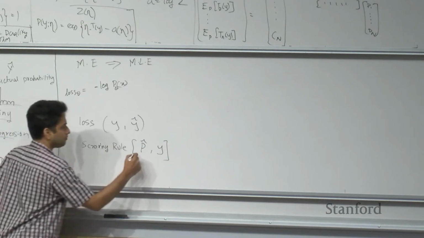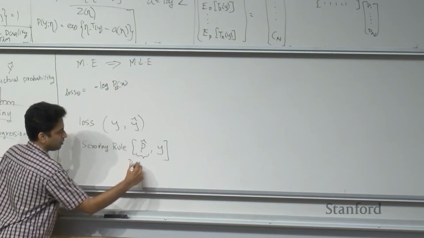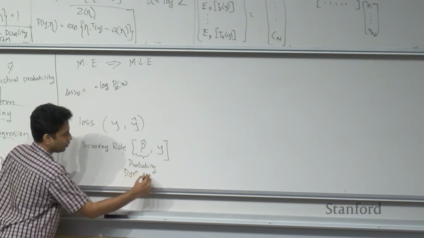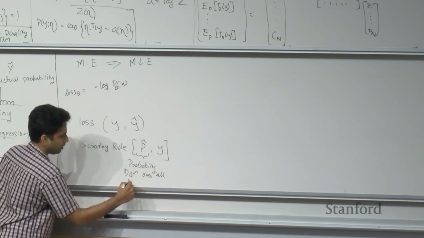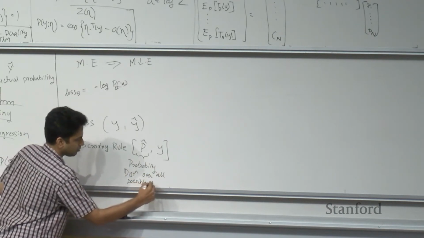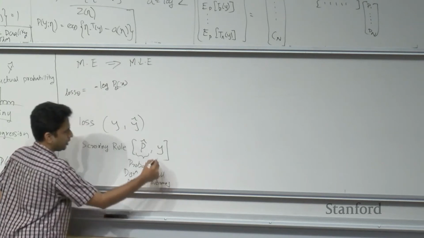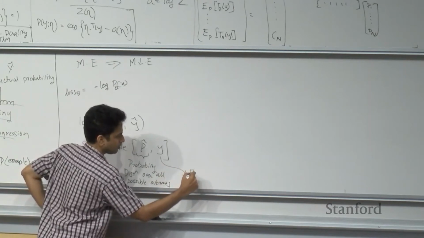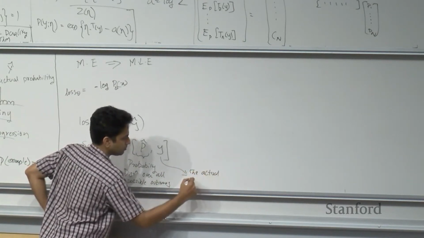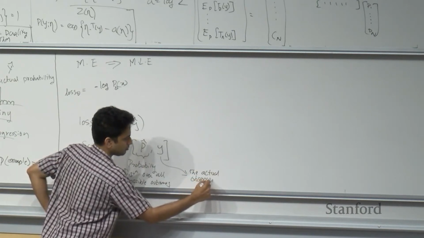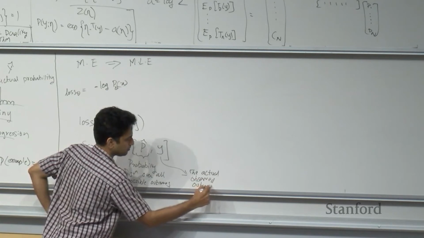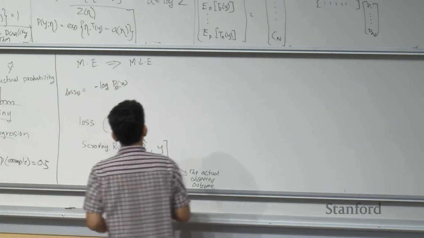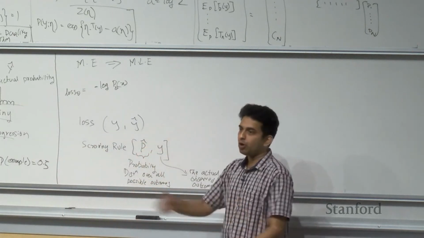Right? So this is a probability distribution over all possible outcomes, right? And this is the actual observed outcome. So our model will output p hat, a full probability distribution over all possible outcomes.